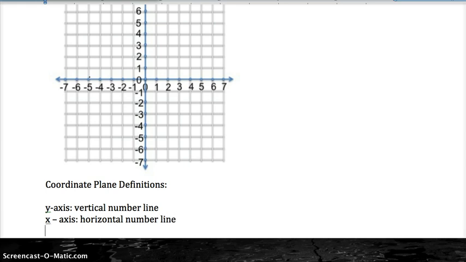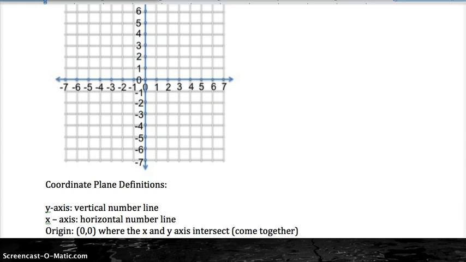And then another definition that we need to know is the word origin. The word origin just means it's this part right here where the x and the y axis intersect, and it's the coordinate 0, 0, and it's where the x and y axis intersect or come together.